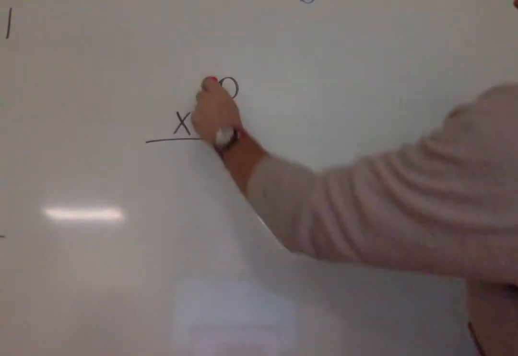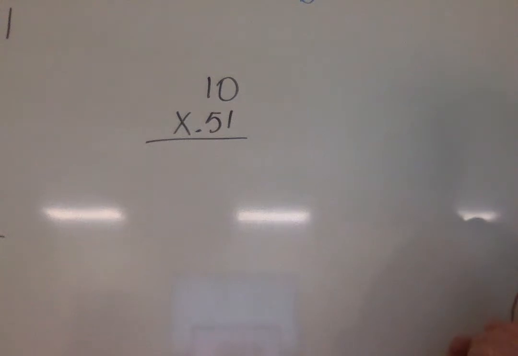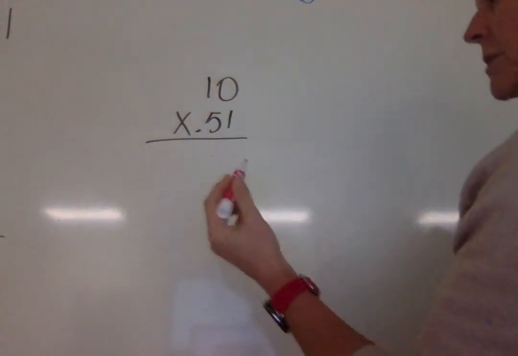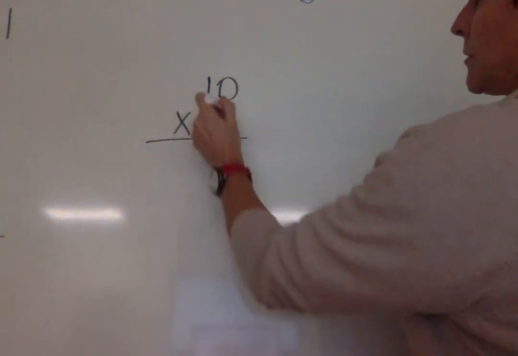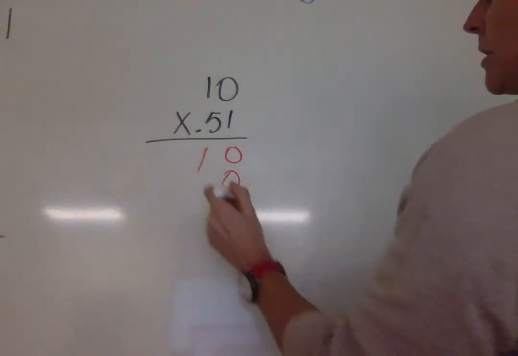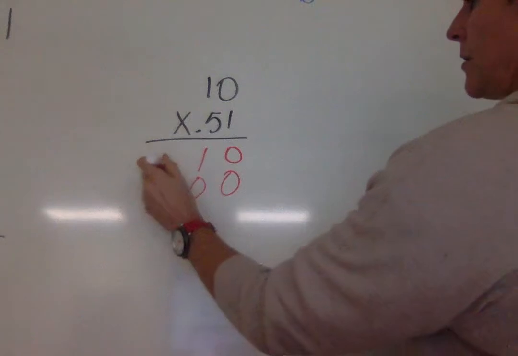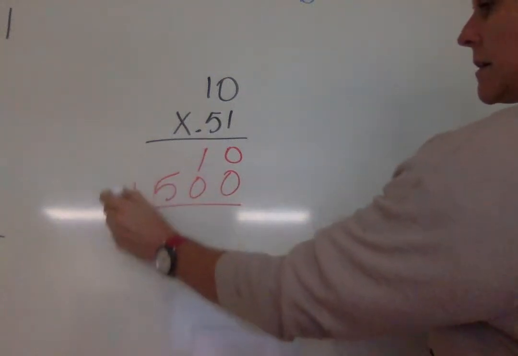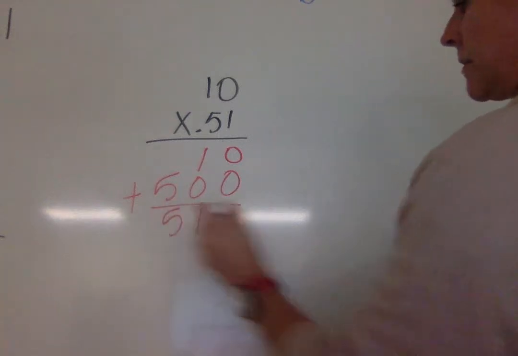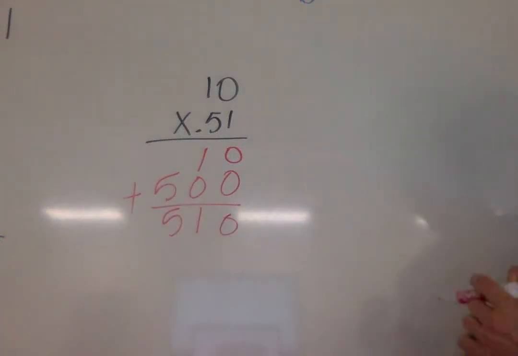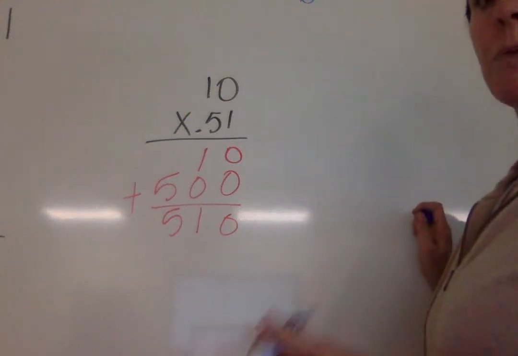Now we have 10 times 51/100. Multiply just like normal. So we have 0, 1, put a 0 as the placeholder, 0, and 5. I'm going to add. That's going to equal 510. So now let's find the decimal places.